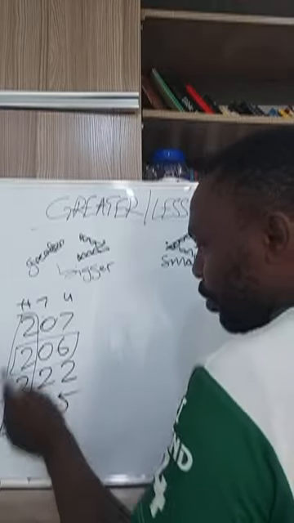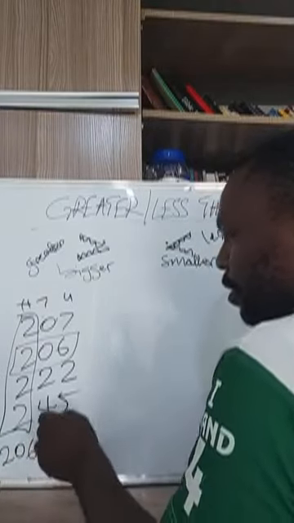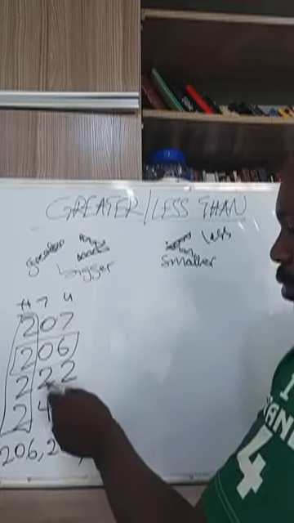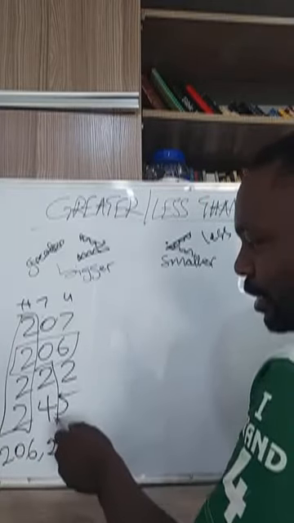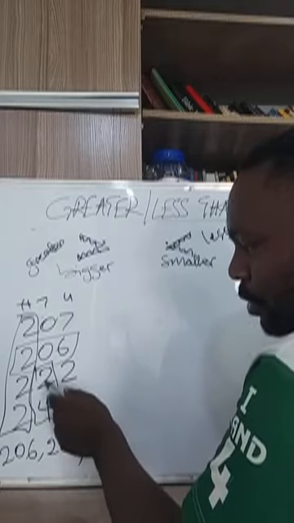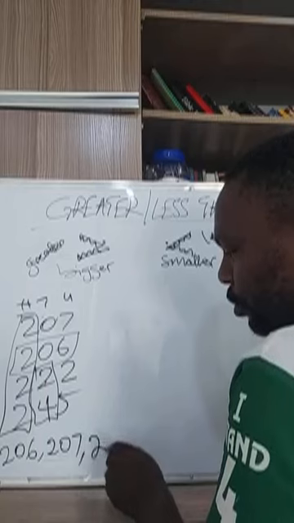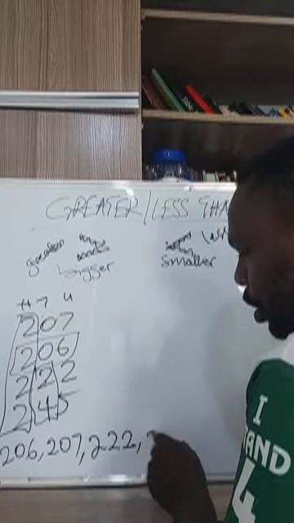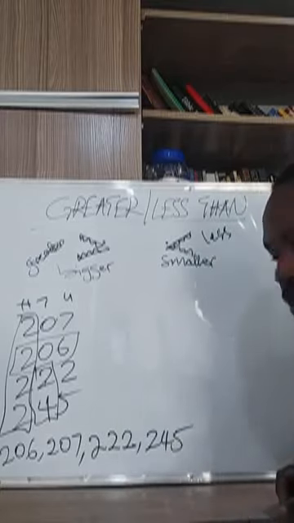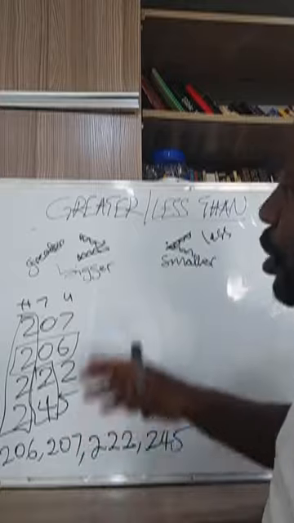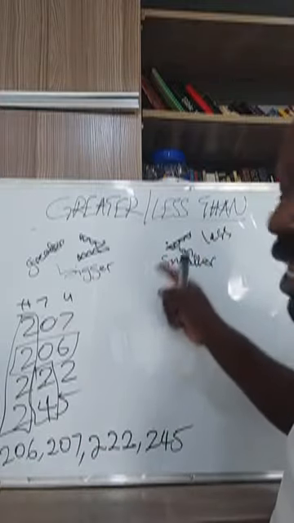So the smallest is 206, followed by 207, then you go back to these ones and look at the tens, 2 and 4. 2 is smaller than 4, right? So it will be 222, then 245. So once you understand your place value, you shouldn't have any issues with greater than, less than.